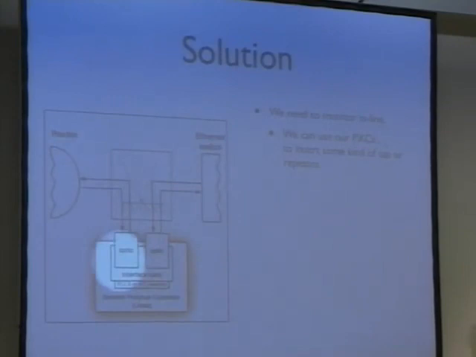And in this device, we copy that to the PC. But the PC is still not fast enough. So what we have to do is actually reduce the data rate to a level where the PC can handle it.